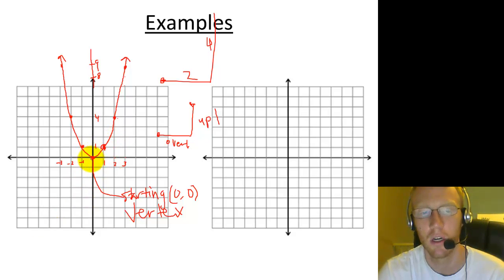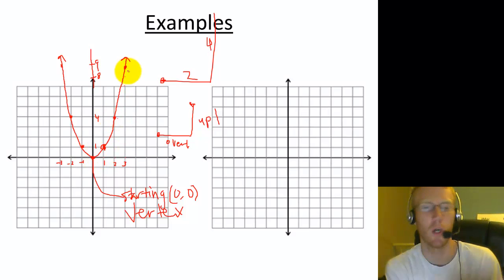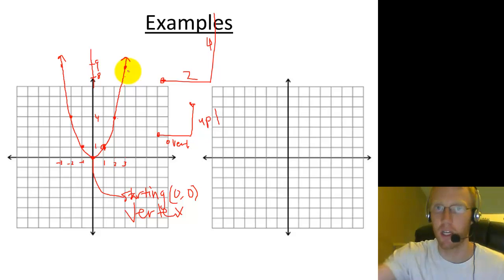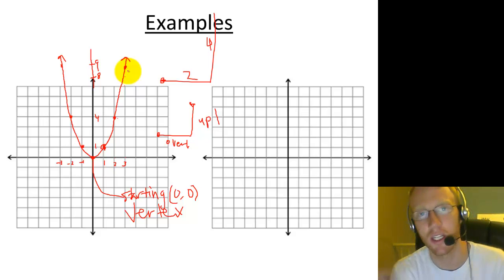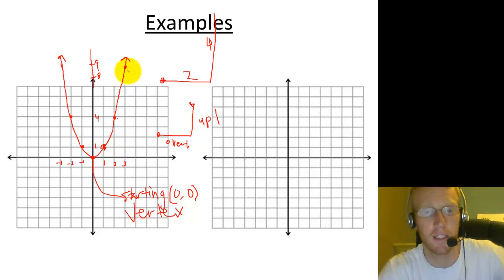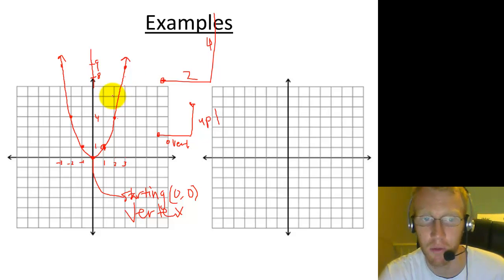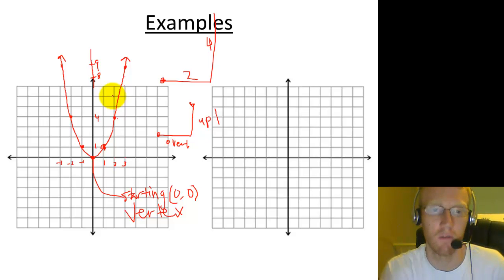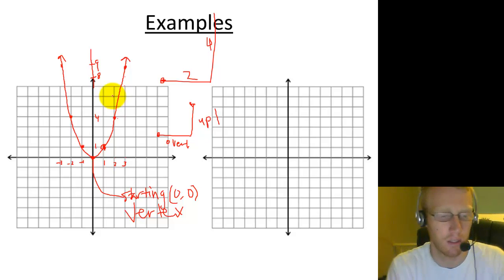Over 1, up 1, over 2, up 4, over 3, up 9. For example, if you went over 10, you would go up 100, because 10 squared is 100. So it's just an input-output relationship. Whatever your input is, which is on the x-axis, you square it, and that gives you your output on the y-axis. So that's the basic shape of a parabola, and we're going to keep revisiting this over and over as we learn how to manipulate it and modify it into more complex shapes and patterns. All right.